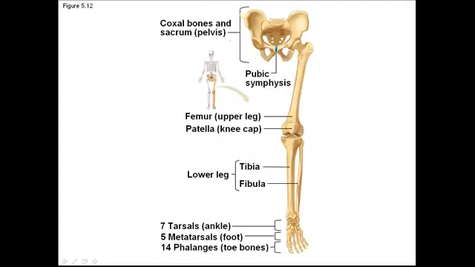In the leg, we have the coxal bones. These are the coxal bones here. This is the sacrum here. This is the femur, tibia, patella, fibula, 7 tarsal bones, 5 metatarsal bones, and 14 phalanges.